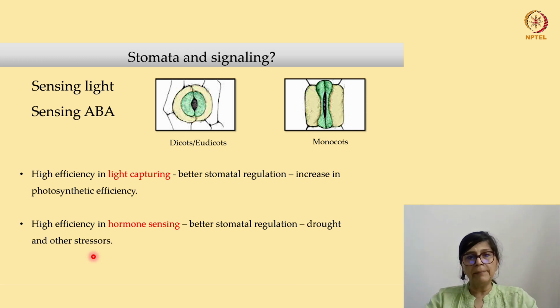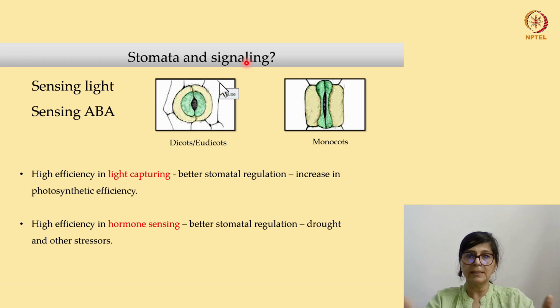And sensing ABA. ABA, I'm sure you already know, is abscisic acid. It is a plant hormone, also called the plant stress hormone. Whenever a plant gets stressed, this is the first thing that is secreted, and roots start secreting abscisic acid.